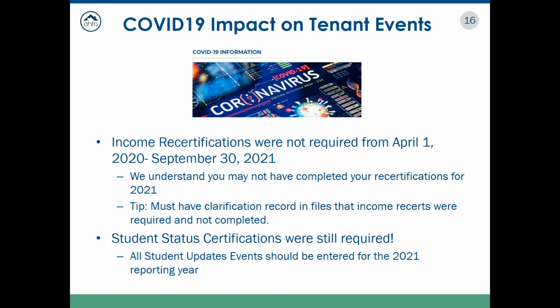So it's not just a blanket waiver. OFA's policy always stated that you have to put a clarification record in those files. So make sure that you have done that. And then also the student status certifications were still required throughout the entire COVID period. So student updates for all of last year will need to be completed in DevCo.